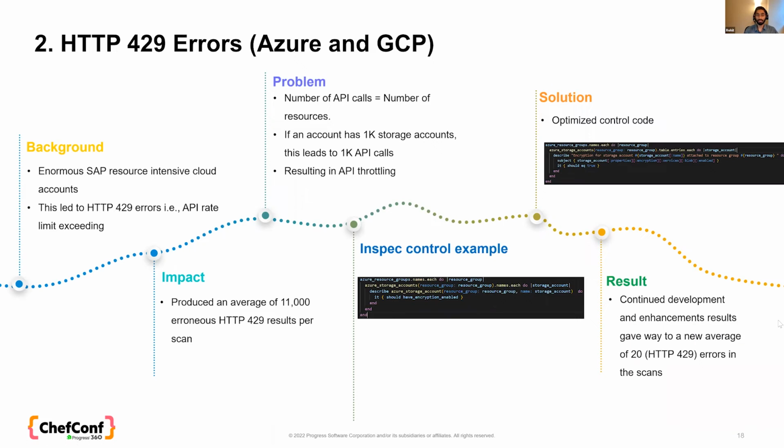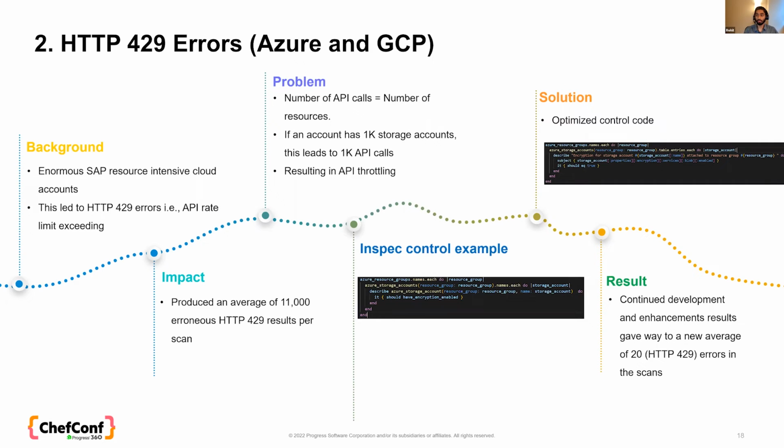So what this means is, if the number of storage accounts attached to a certain resource group increases, the number of API calls increases, and the possibility of us running into API throttling also increased. And the problem got even worse because we did not have any analytical insight into by how much the API rate limits were getting exceeded.